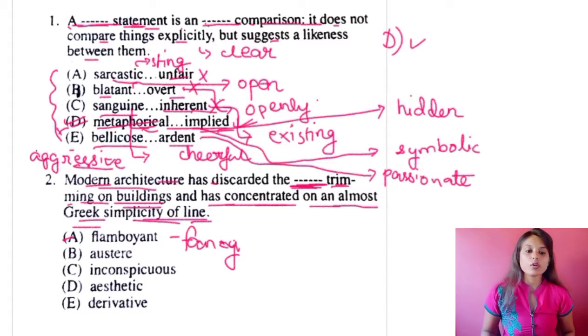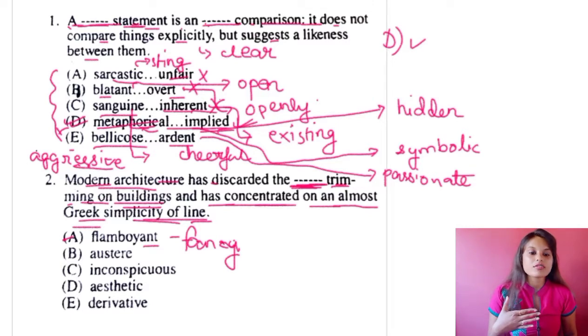Yes, it can go, because flamboyant means fancy as well as elaborate. As I told you while explaining, those were certain fancy or old stuff which were trimmed off from the buildings in order to make the buildings look more appropriate. So these flamboyant trimmings are now not done. Okay. So we can put flamboyant over here, but let us check the other options also.